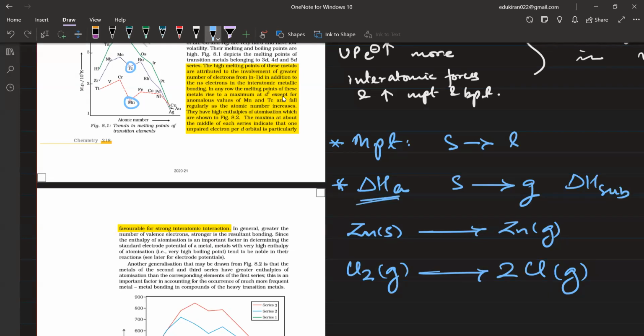Okay, now this will also be dependent on interatomic forces, and since it is dependent on interatomic forces, it is going to have a similar trend as that of the melting point. So delta H atomization और melting point का क्या होता है, both have similar variation. Please remember that. Okay, melting point and delta H of atomization. Clear है सबको? Yes or no, please tell me. Yes, sir.